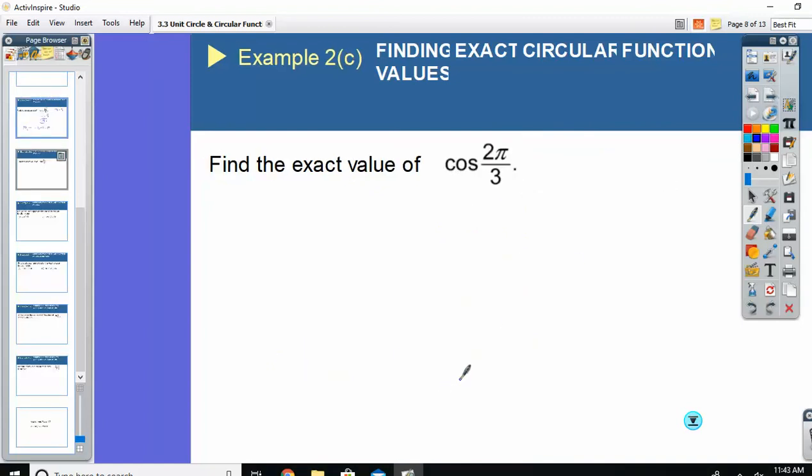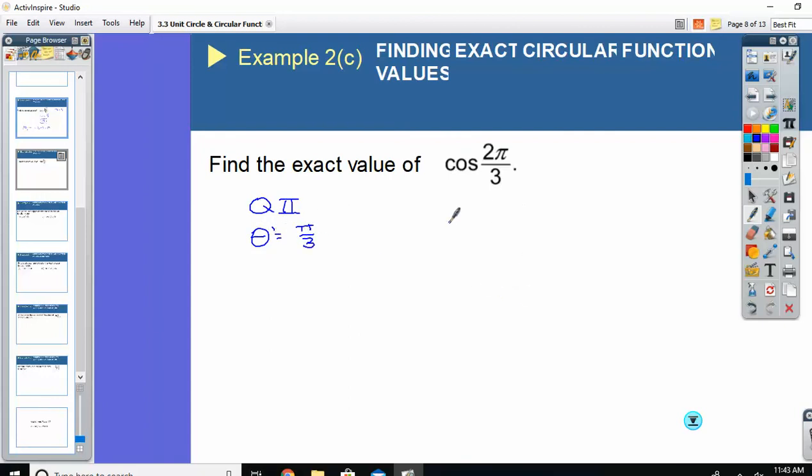Let's do cosine of 2 pi over 3. 2 pi over 3 is in what quadrant? Second, right? The numerator is less than the bottom, so we're smaller than pi. Reference angle is pi over 3.